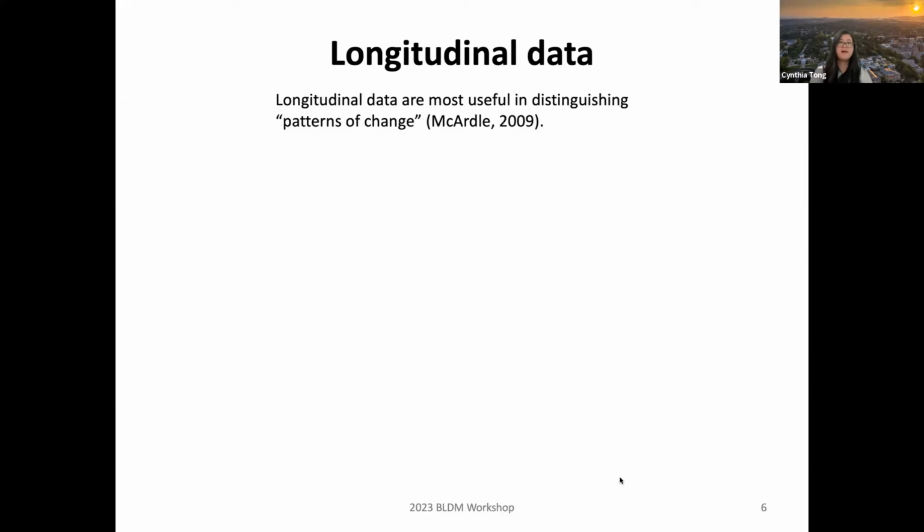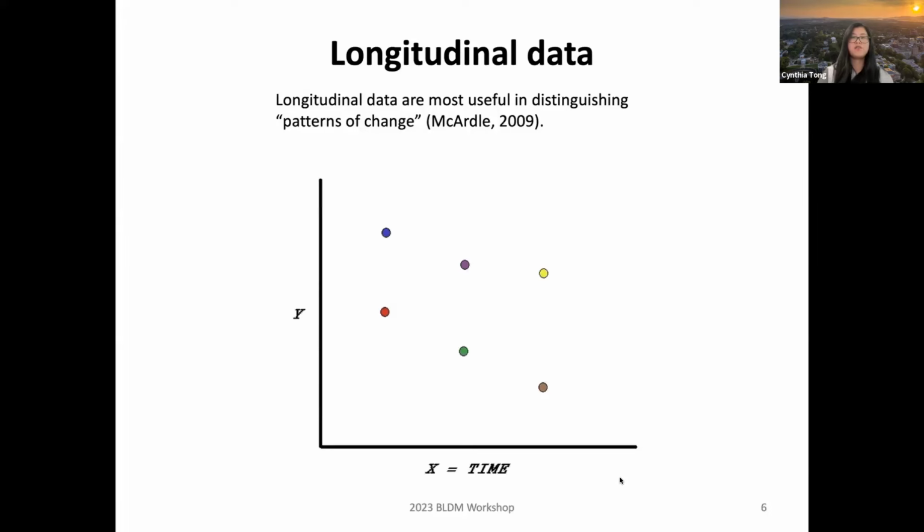Longitudinal data are actually very useful in distinguishing patterns of change. If we just look at the coordinate plot with cross-sectional data, our conclusion would be that Y decreases as time increases.